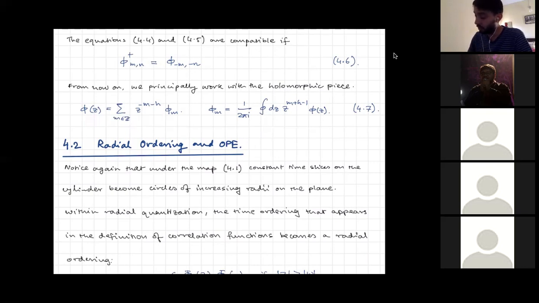And this holomorphic factorization, as it is called, means that you have an equivalent barred sector which you just add on to this. So that was that for getting these two things out of the way.